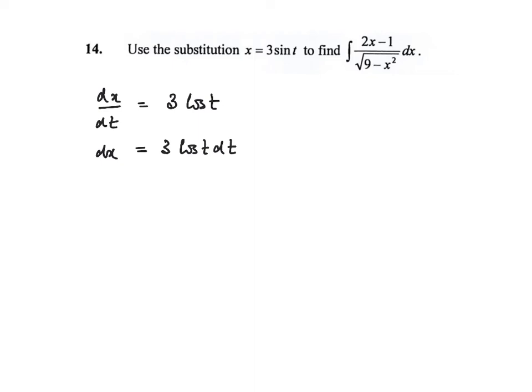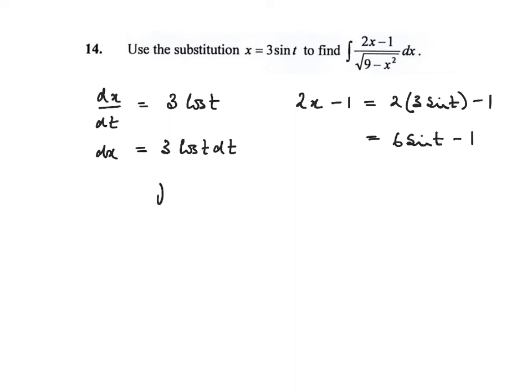Two x minus 1, the top line, is 2 lots of 3 sine t minus 1, which is 6 sine t minus 1. I can look at the bottom line as well.